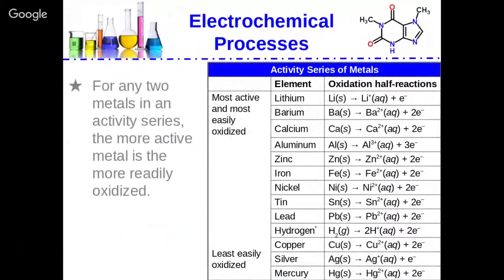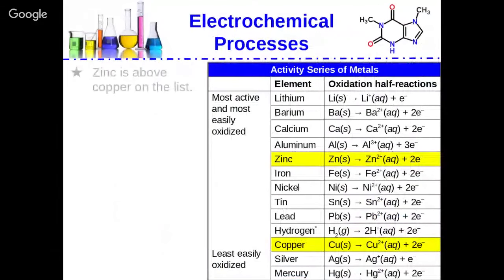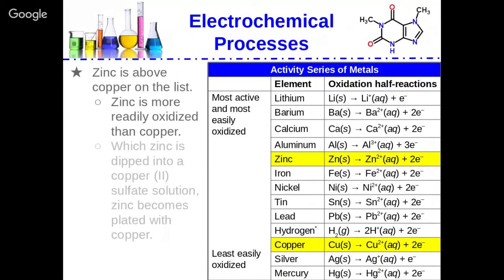If we look at the activity series of metals, for any 2 metals in the activity series, the more active metal is the one that's more readily oxidized. So when we compare zinc and copper on the list, zinc is above copper. That means that zinc is more readily oxidized than copper is.